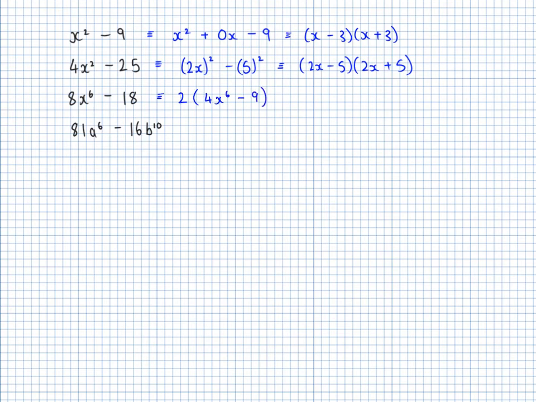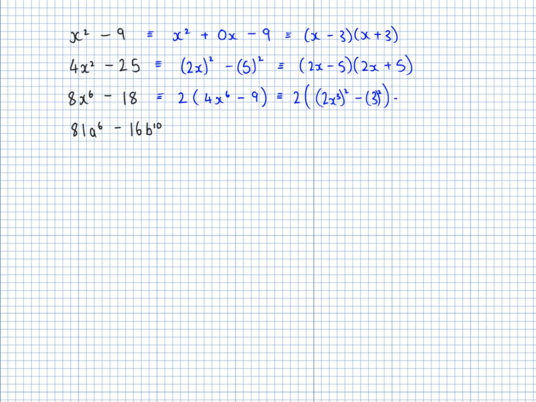Now this part inside my bracket, I can rewrite as squares, because 4x to the power of 6 is the same as 2x to the power of 3, all of that squared. So this is going to be 2 bracket, 2x cubed squared take away 3 squared. Now I have a difference of squares here, and I know that factorizes in this way.